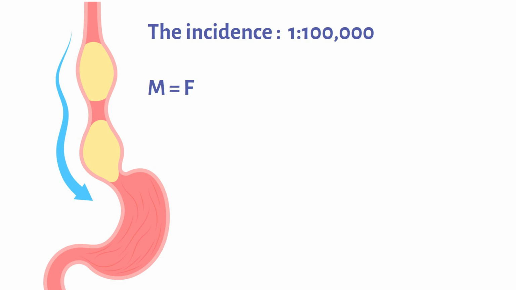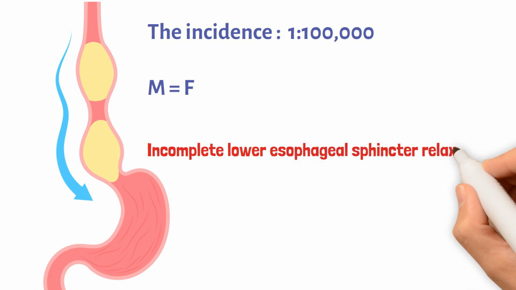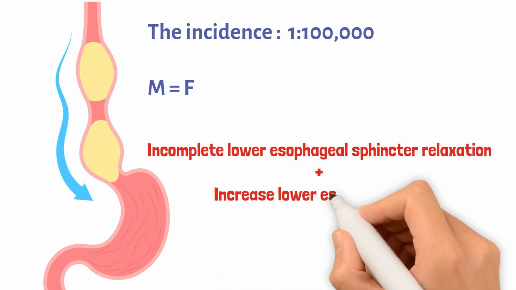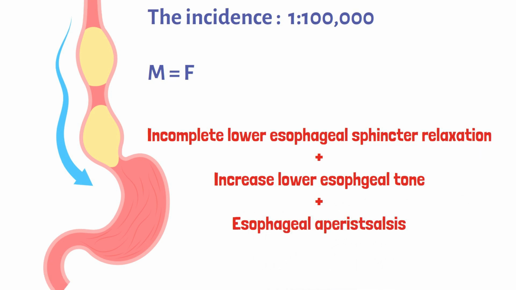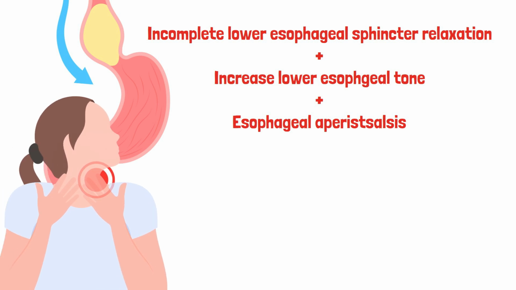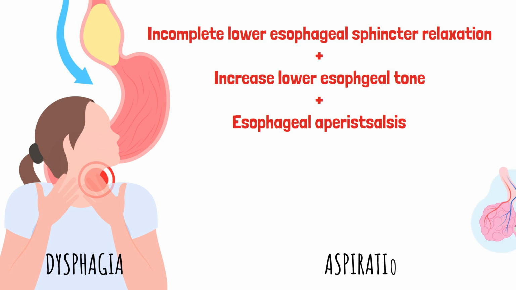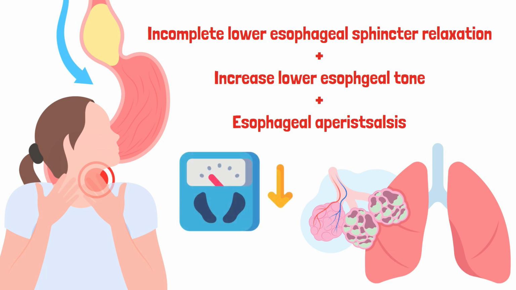The patients will typically present with a triad of incomplete lower esophageal sphincter relaxation, increased lower esophageal tone, and esophageal aperistalsis. These patients usually have a long history of intermittent dysphagia, characteristically for both liquids and solids. The regurgitation of food can occur at night, and aspiration pneumonia can also occur as a complication. Loss of weight can also occur, but it's quite insignificant.